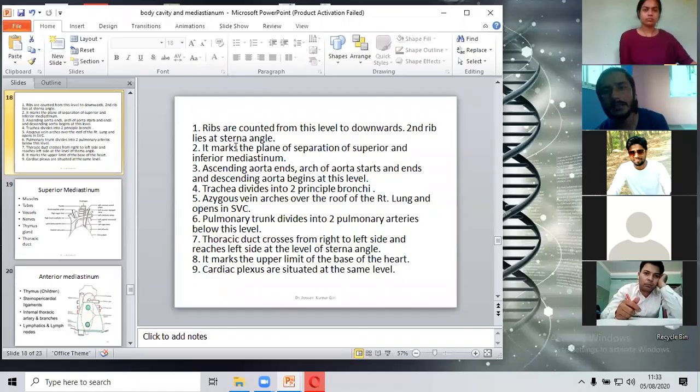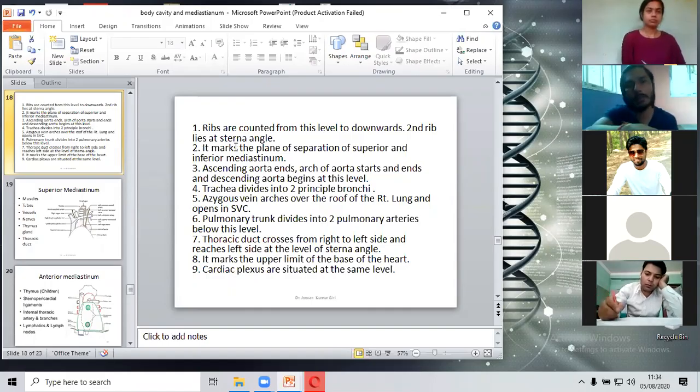It is written like this. But in short, at this level, the azygous vein opens into the superior vena cava. Just write that the azygous vein opens into the superior vena cava at this level only.